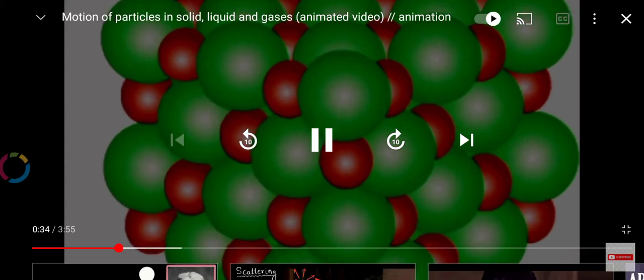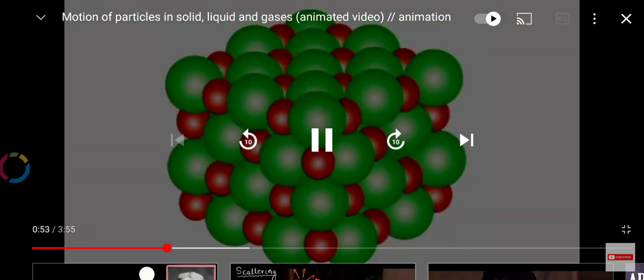But in the case of solid, when we zoom in at one atom, it is surrounded by different atoms. When it is surrounded by different atoms, then it cannot move freely. So this atom moves to and fro. This to and fro motion is known as vibratory motion or vibrational motion. That is all about vibrational motion in solid.